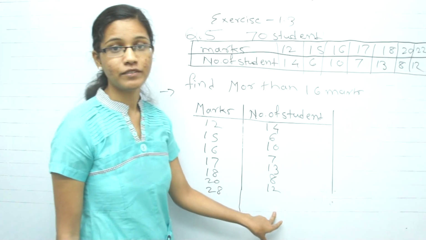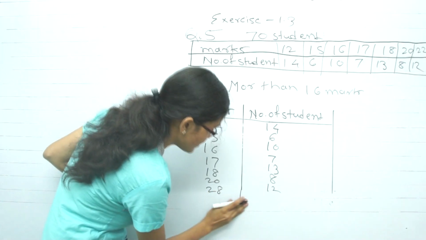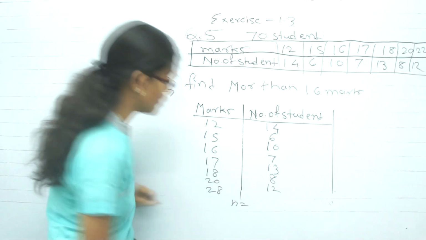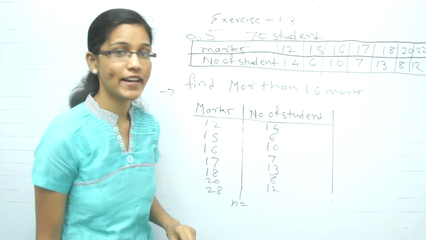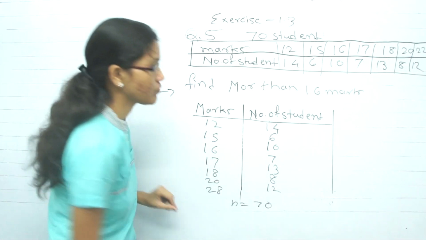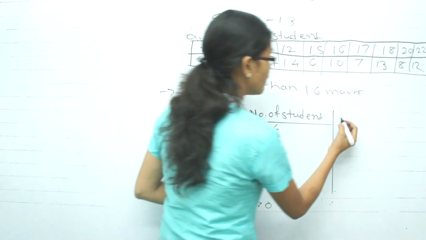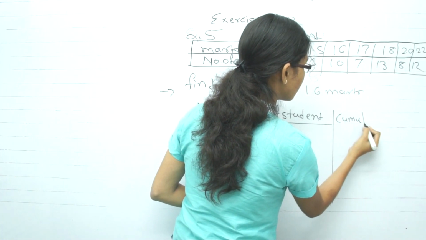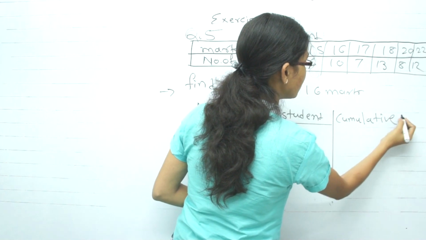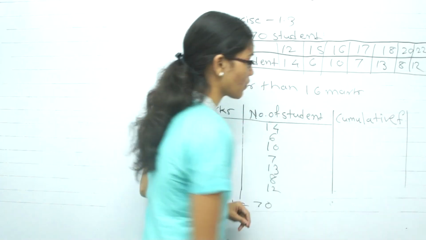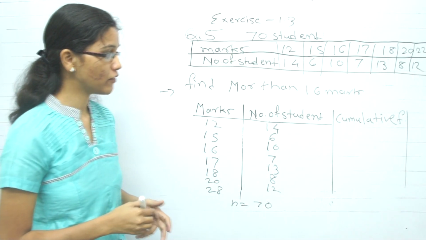N is equal to the total frequency, that is 70. Then you have to find the cumulative frequency.